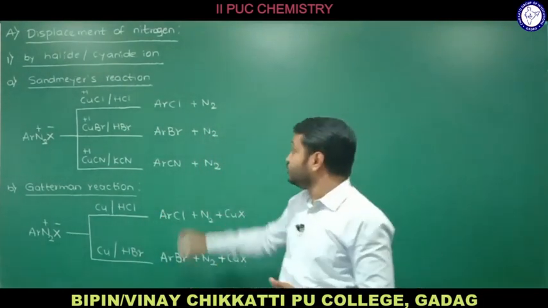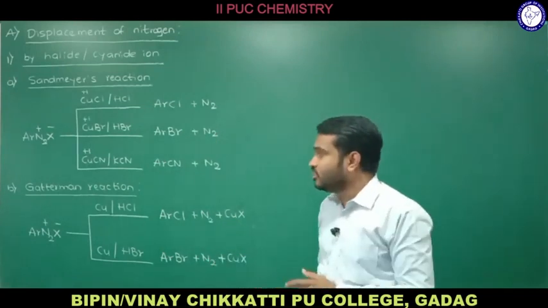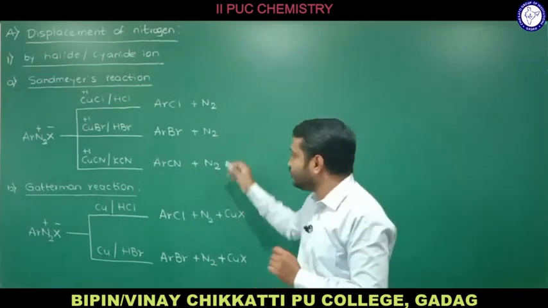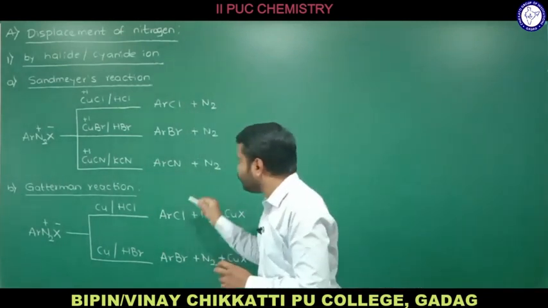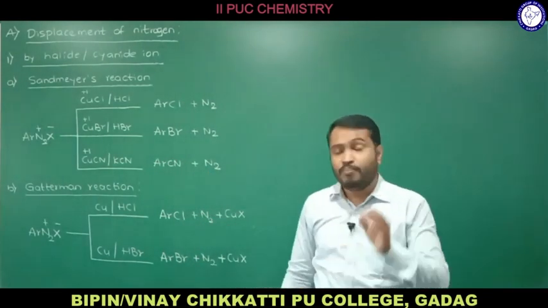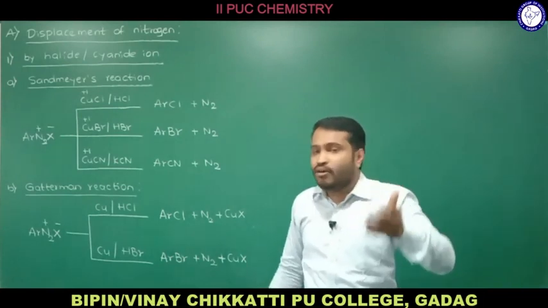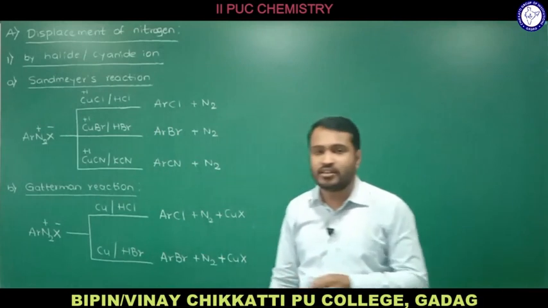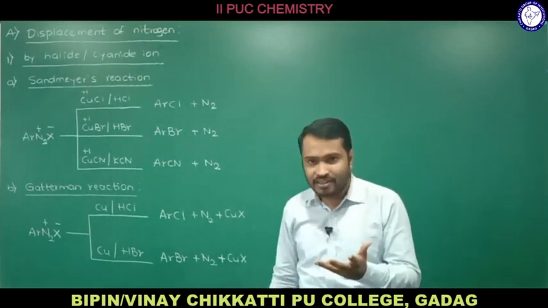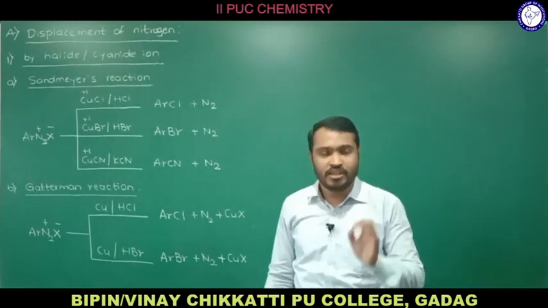In both the Sandmeyer reaction and the Gattermann reaction, nitrogen gas is released, and of course nucleophiles add into the benzene ring. But if you observe the yield, the yield will be greater in the case of the Sandmeyer reaction. Try to remember that.